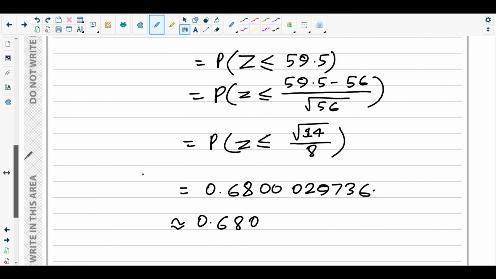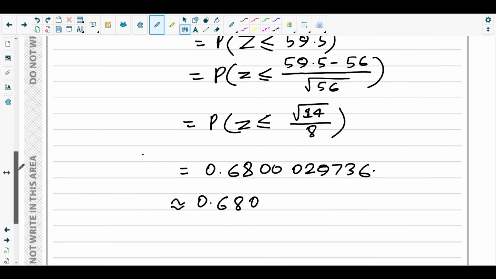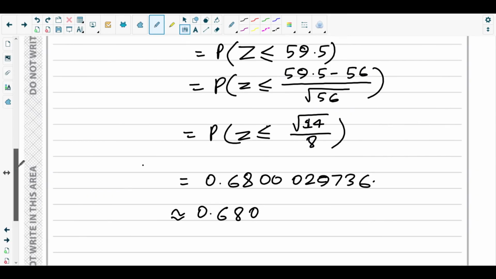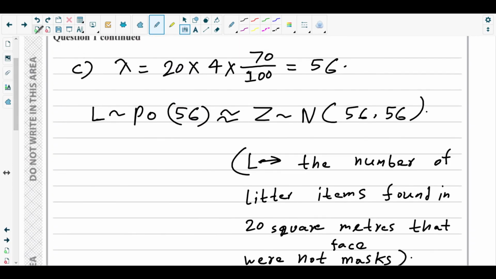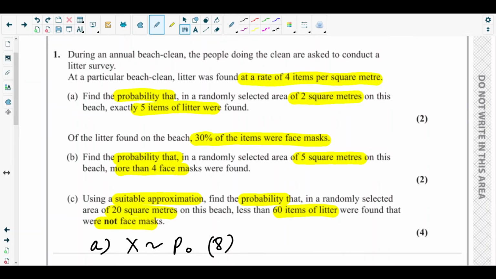So we got the probability for part C, which is 0.680. That's the answer for part C, and that's the end of the first question from the October 2024 Statistics 2 paper.